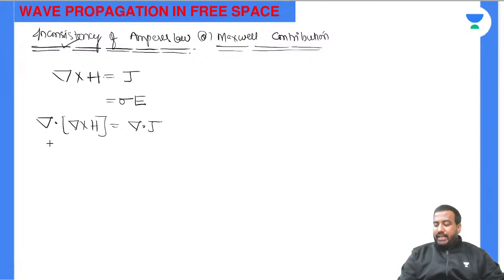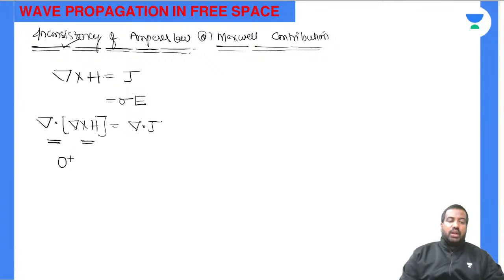And according to vector identity, the divergence of curl of any vector is 0. Then, according to the vector identity, the divergence of curl of any vector must be 0. So you got 0 is equal to del dot J.